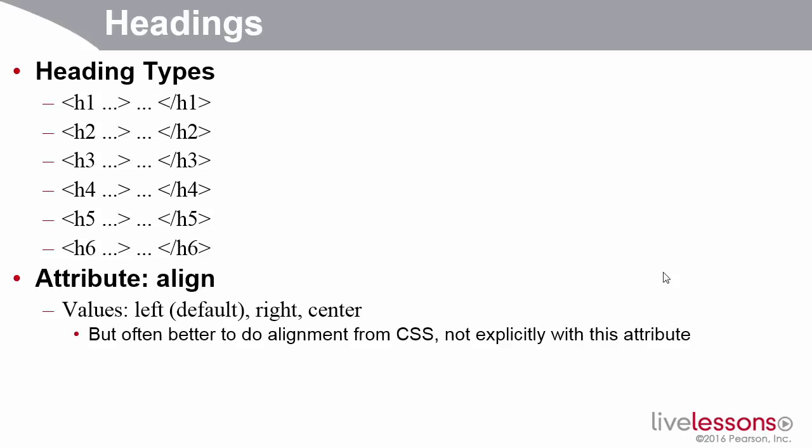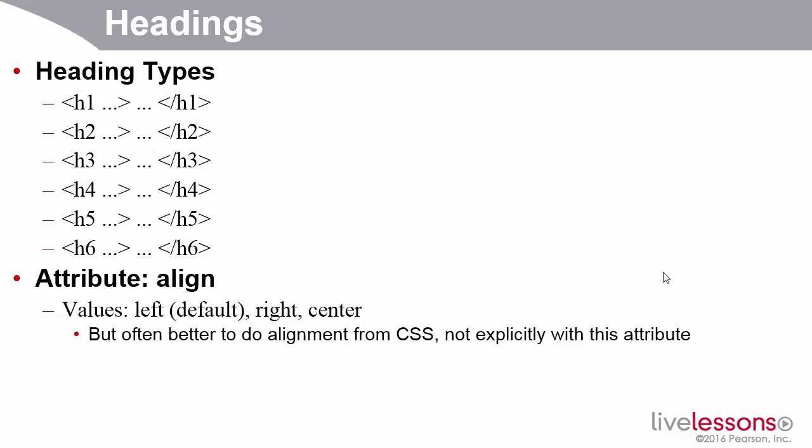The align attribute says whether the text should line up on the left, line up on the right, or be centered. However, I also want to stress again, CSS is generally preferred when you're giving visual appearance. So rather than giving the align attribute, you can say H1 class equals something or another, and that something or another is a name in your CSS file that gives the alignment.